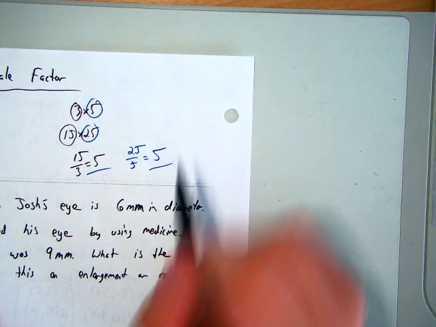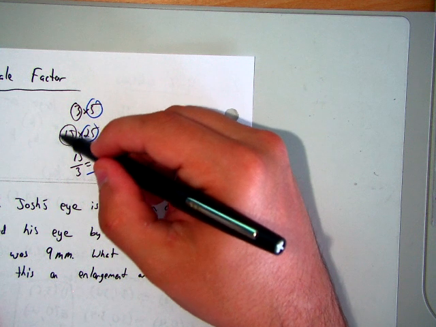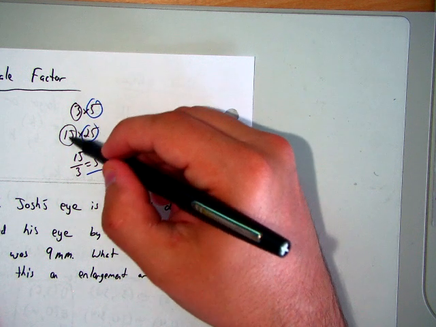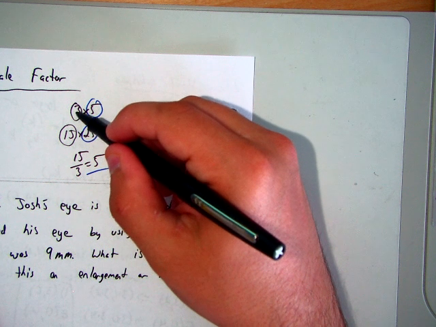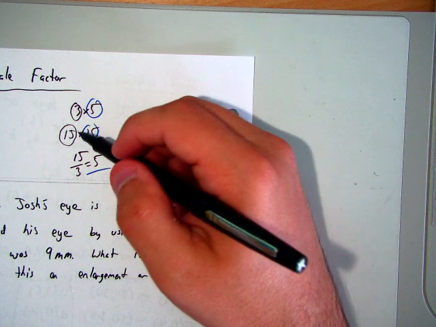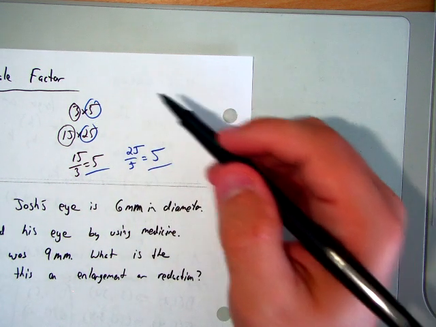Be careful though. Do not choose the first dimension in one of them and the second dimension in the other. It has to be the same dimension. So 15 and 3 are both going to be a length. 25 and 5 are both a width. You need to make sure that you choose the same dimension for each part of your ratio.